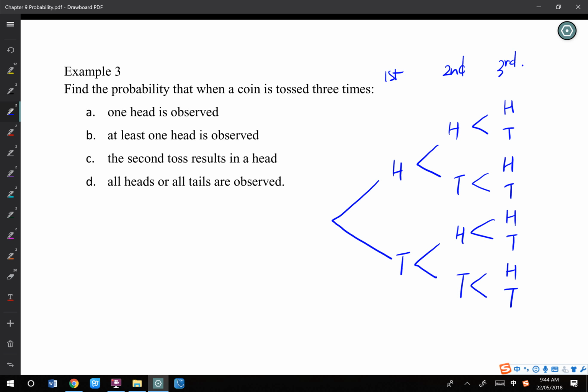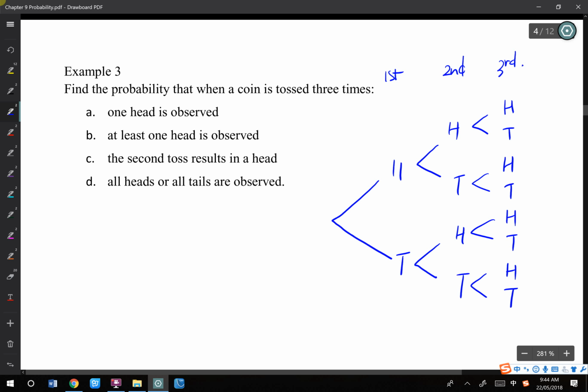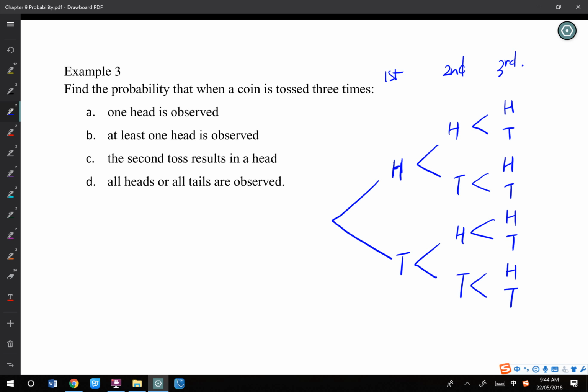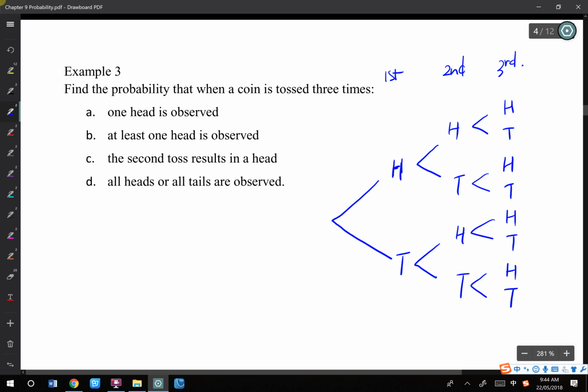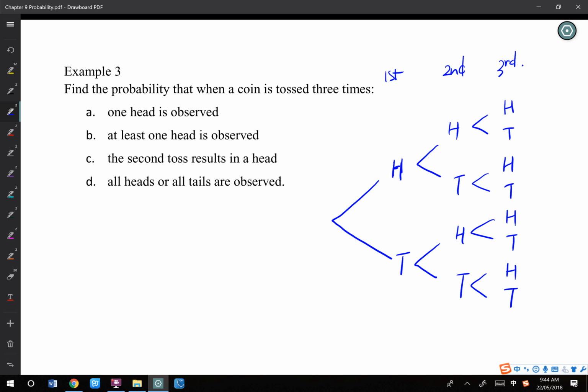I just go backwards because I know how many outcomes there should be. They are all equally likely outcomes, because it's the same chance to get heads and tails.